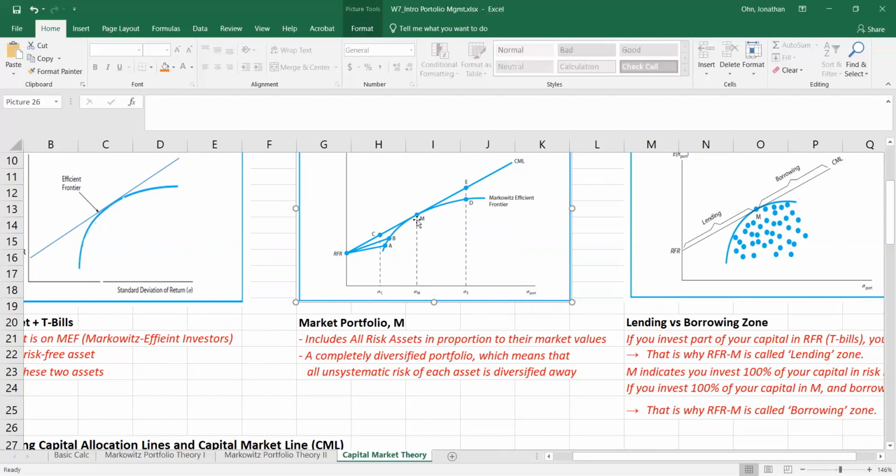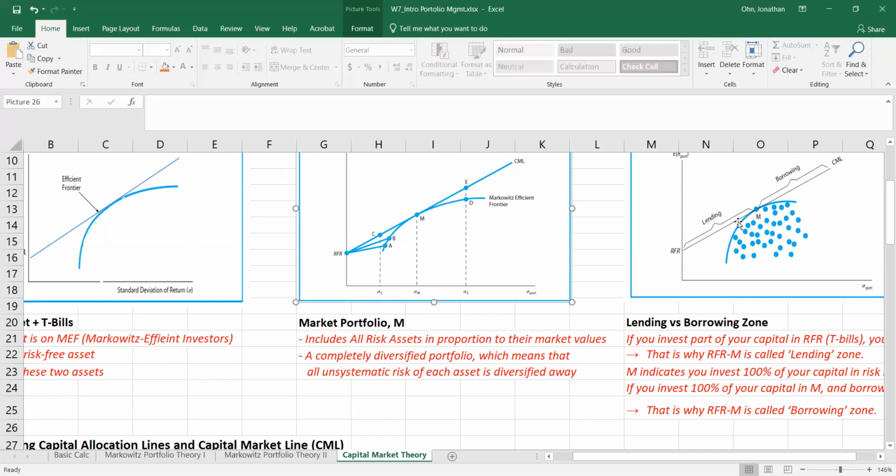All right. Now, if you look at this one here, between these two, I told you, if you invest half of your money in the risk-free asset and half in the market portfolio, then your midpoint is your portfolio, right?